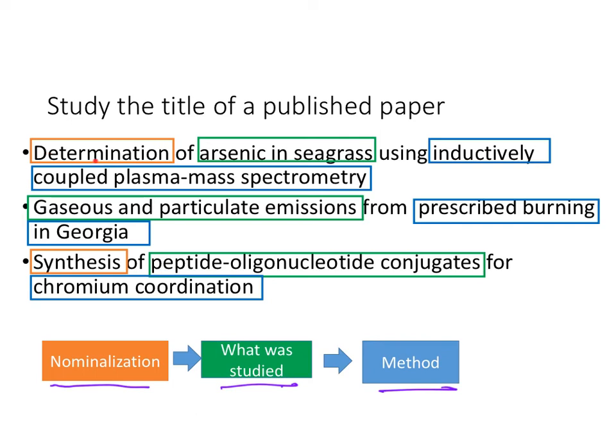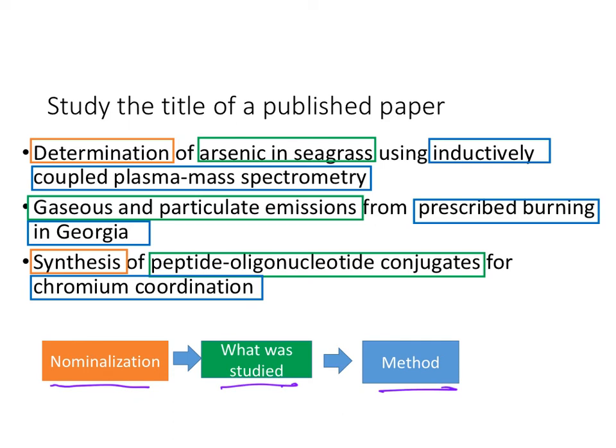What was studied is arsenic in seagrass. And the method was inductively coupled plasma mass spectrometry. This is a technique that allows you to look at heavy metals at really low concentrations. So this is a nice and somewhat specific instrument to use.